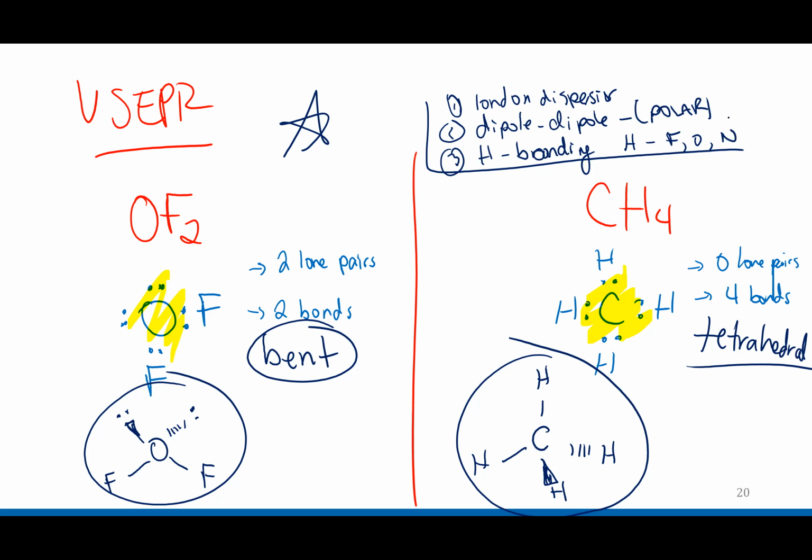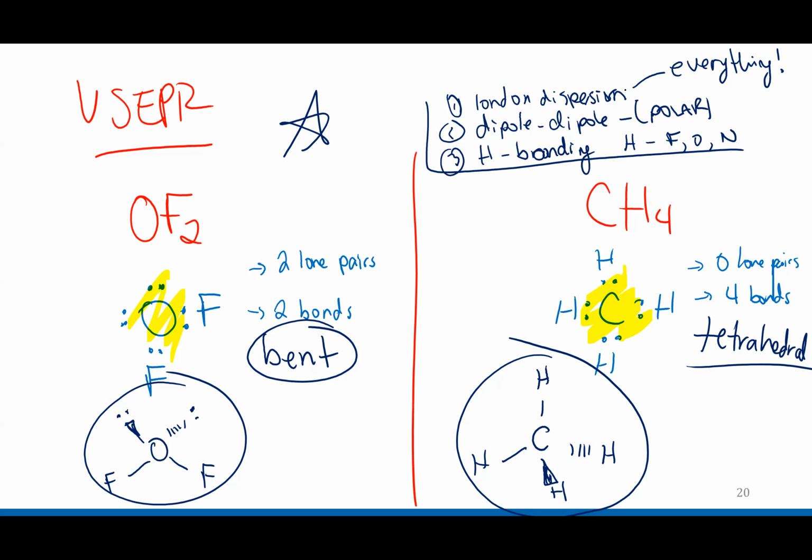Okay, London dispersion, everything has it. So those are pretty easy, right? Does the molecule have London dispersion? Yes, it does. Everything has London dispersion. Does the molecule have hydrogen bonding? Well, is there a hydrogen bonded to F, O, or N? Remember, hydrogen bonding is FON, fun.